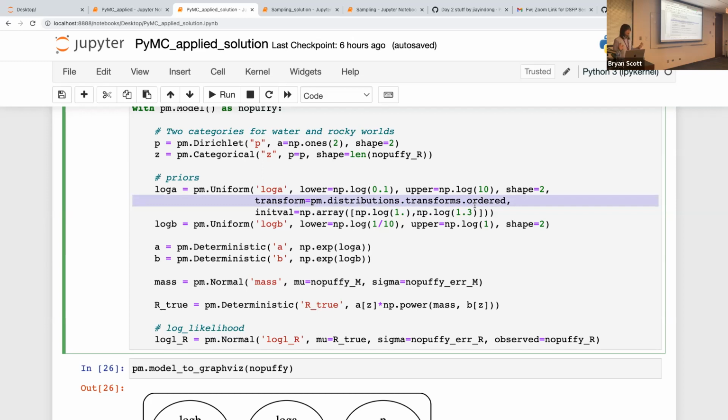If I don't make this ordered, then the A and B fractions could swap with each other, the fraction P could also swap, and the parameters would just be degenerate. So now we force A and B to be ordered. In that sense, we also expect A and B to be ordered for rocky and water worlds.